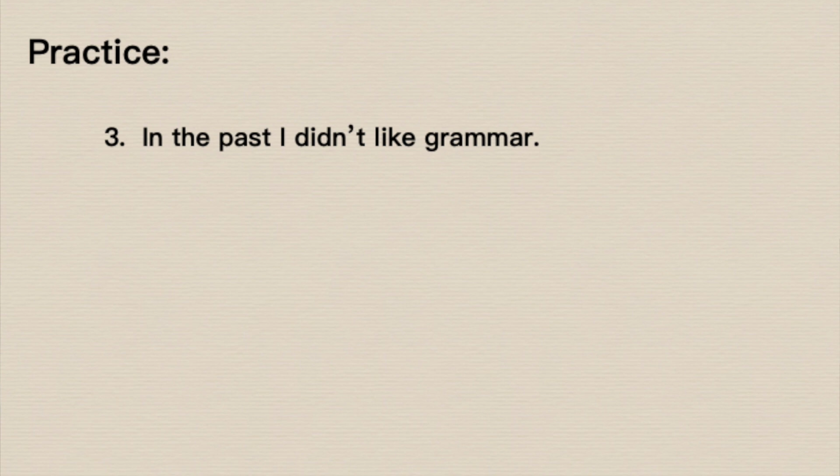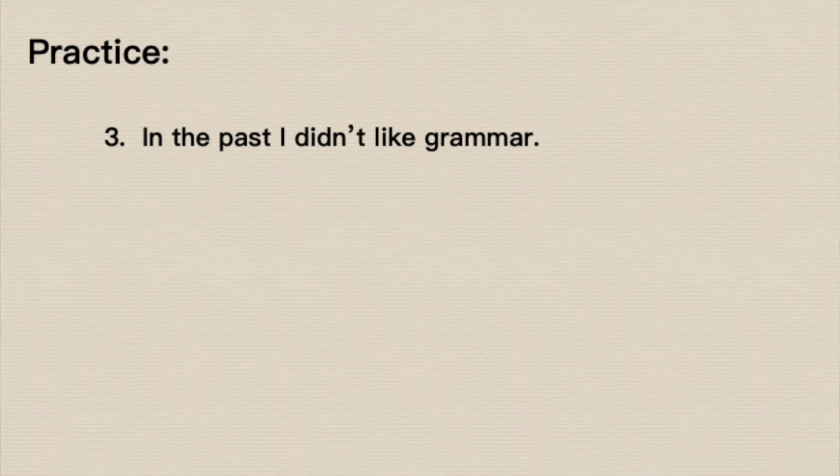Excellent. All right, so moving on to number 3. Number 3 here is purposefully a little bit misleading, but it's a good illustration of where these guidelines can lead you down the wrong path or break down a little bit. So let's take a look. In the past, I didn't like grammar. Do you kind of see where this is tricky?